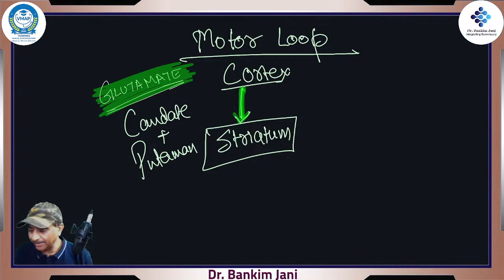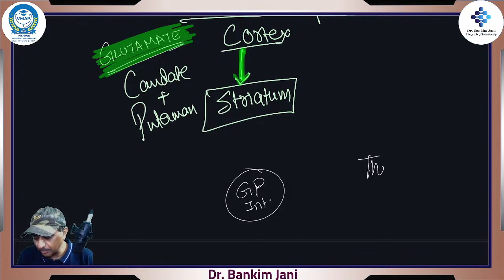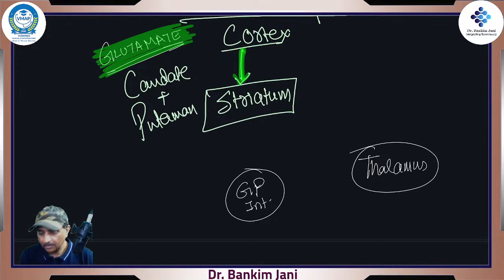Now this striatum will do what? Striatum will say, okay, hold on, what is going on right now? This is globus pallidus internal. This globus pallidus is talking to the thalamus. It is telling the thalamus, boss, don't work.